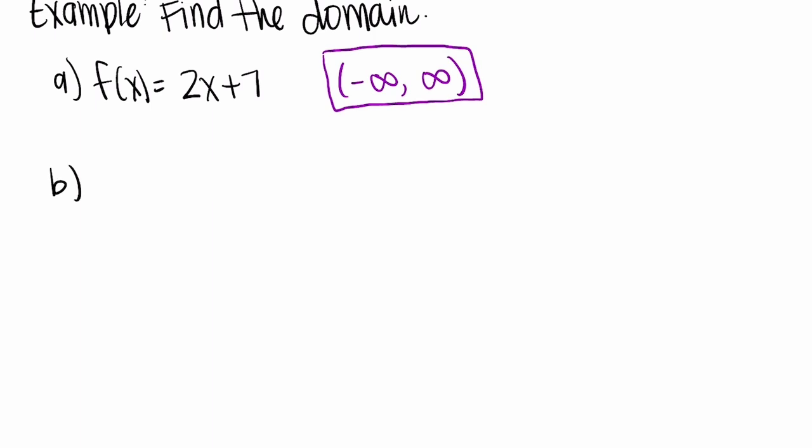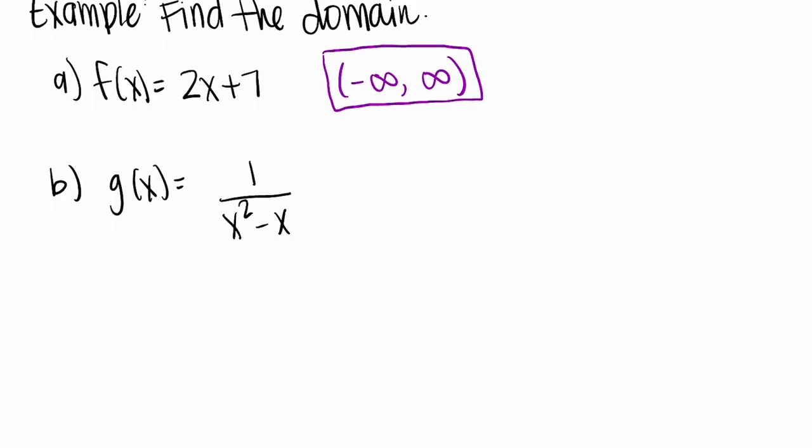So the next one, we're going to go g of x equals 1 over x squared minus x. When I have a fraction, I'm going to look at my numerator and denominator and see what kind of restrictions we have on our x value. Is there anything in the numerator that's going to cause problems here?